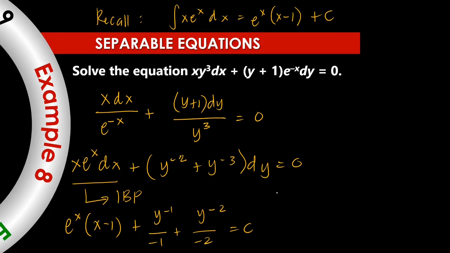So we will get e raised to x times x minus 1 equals this term transposed to the other side will be positive 1 over y, and this term transposed to the other side will also become positive, so plus 1 over 2y squared, and then plus c. Okay, so this could be our final answer.